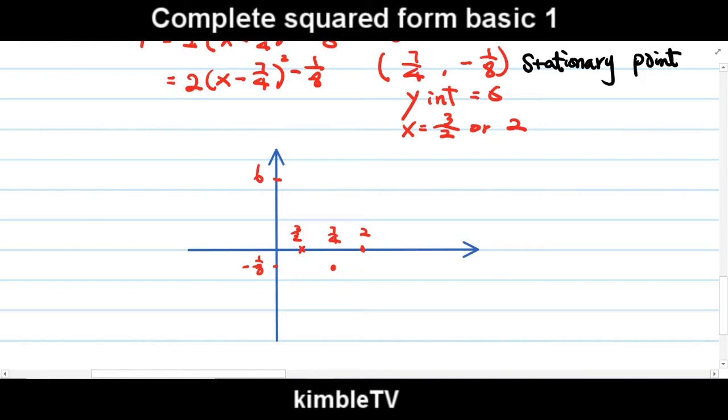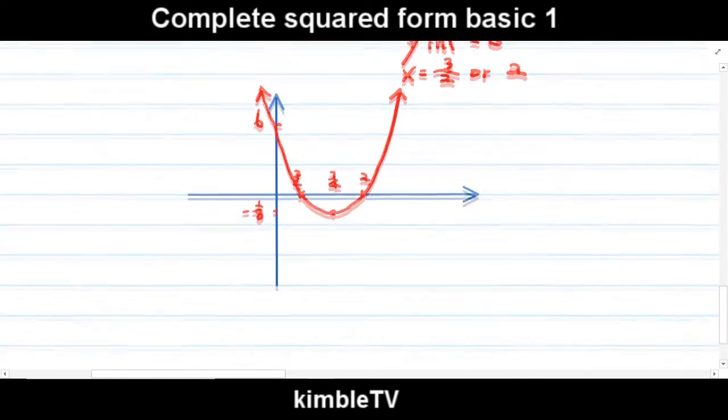Therefore, we draw the parabola passing through 6, 3 on 2, the stationary point and 2, like this. This is the parabola graph.